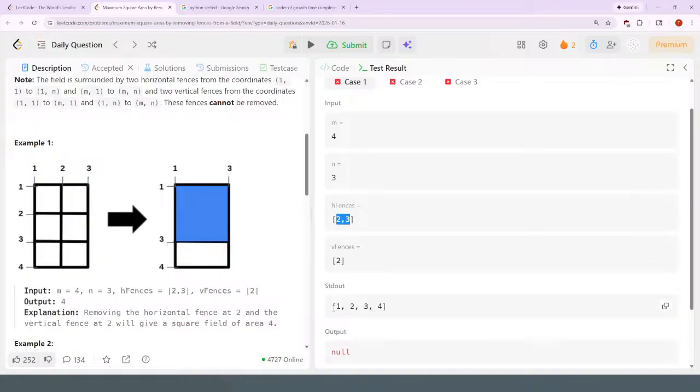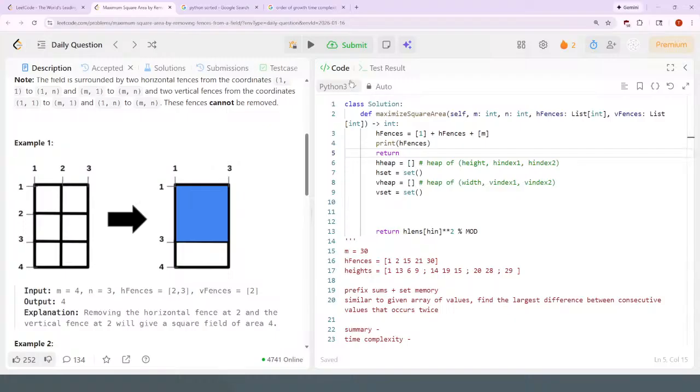Yeah, 1, 2, 3, 4, and it's originally 1, 2, 2, 3. So V fences is equal to 1 plus V fences plus N.